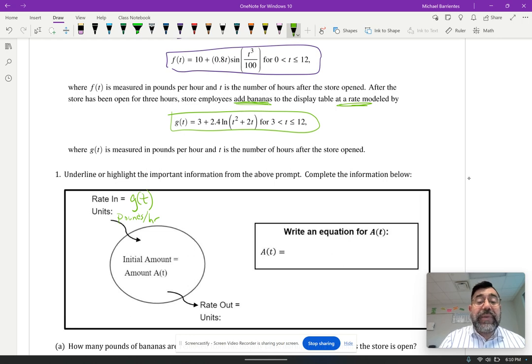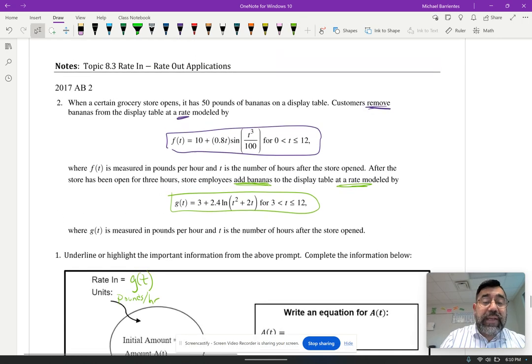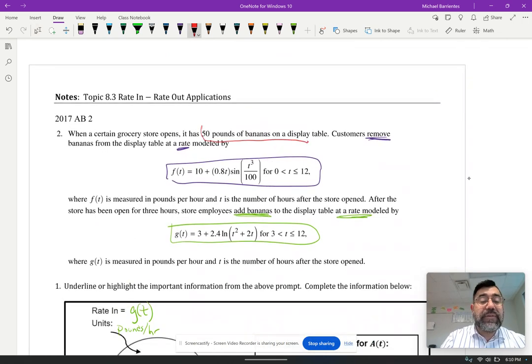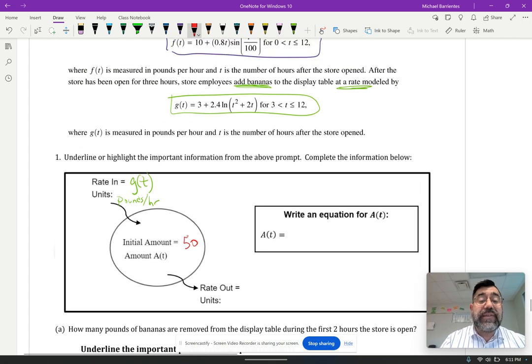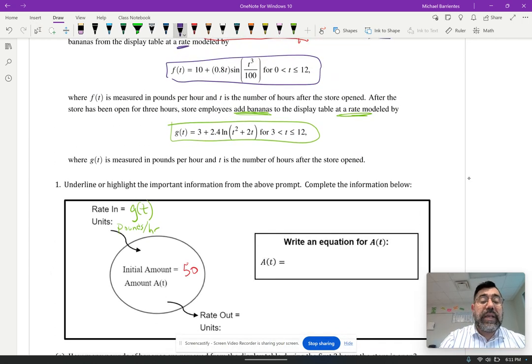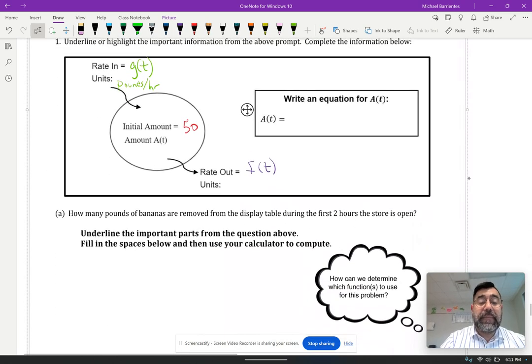Do we know the initial amount? Well, yes, the initial amount is 50 pounds when it opens. So the initial amount is 50. And do we know the rate out? Well, yes, the rate out would be f of t, and that is also measured in pounds per hour.